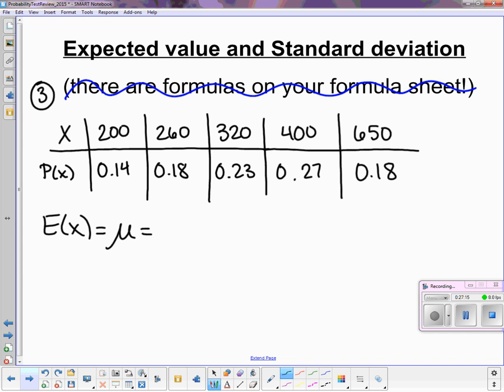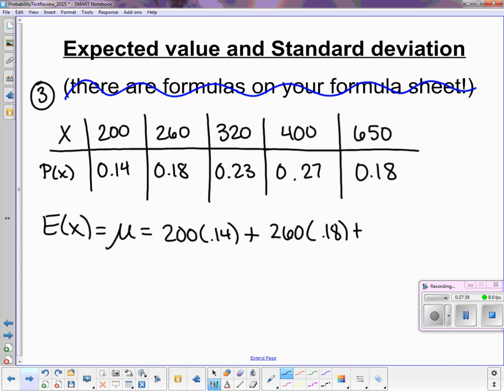I add some things together, but I have to multiply some things too. Didn't I take 200 and multiplied it times 0.14, and then I added that to 260, and I multiplied it times 0.18, and I added that to? Do you remember this? We've done it. It's been since September.